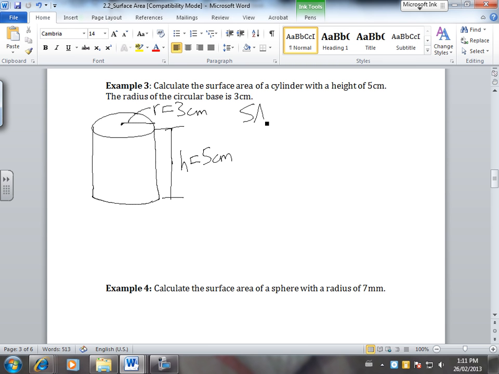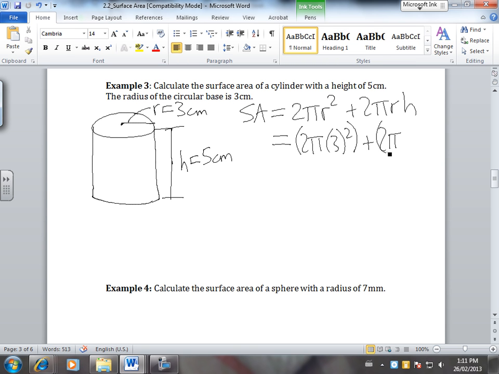And if we look in our formula sheet, we'll find that the surface area of a cylinder equals 2 pi r squared plus 2 pi rh. So it will be 2 pi times 3 squared plus 2 pi times 3 times 5.